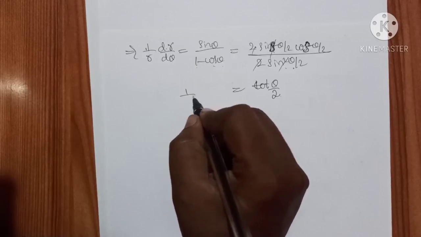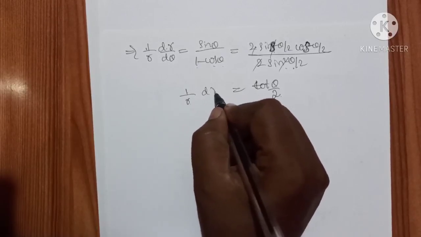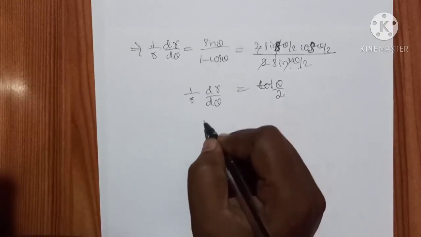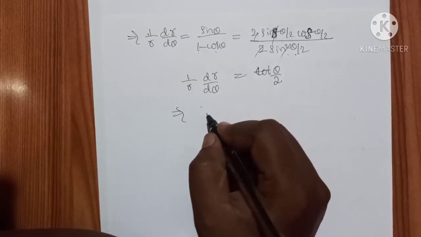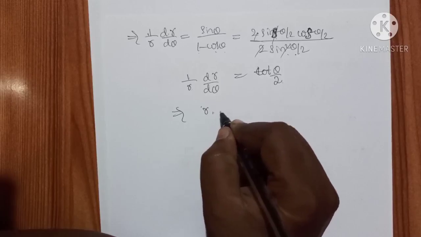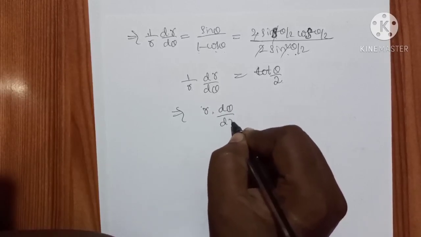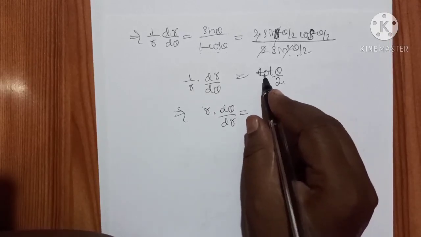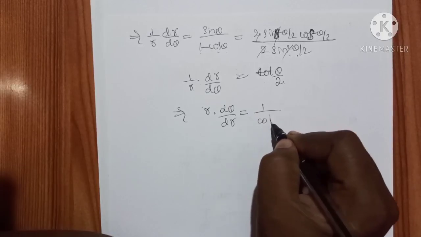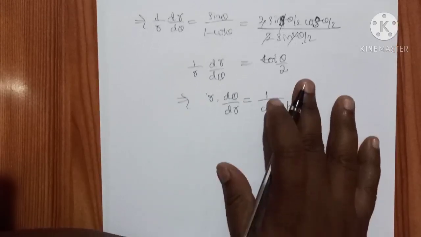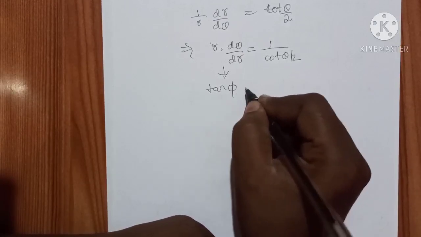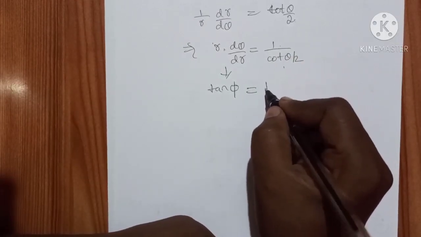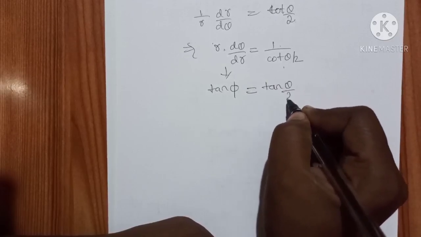Here 1 by r dr by d theta equals cot theta by 2. Taking reciprocal on both sides, we get r d theta divided by dr equals 1 by cot theta by 2. So this means we have the formula tan of phi equals 1 by cot, equals tan of theta by 2.